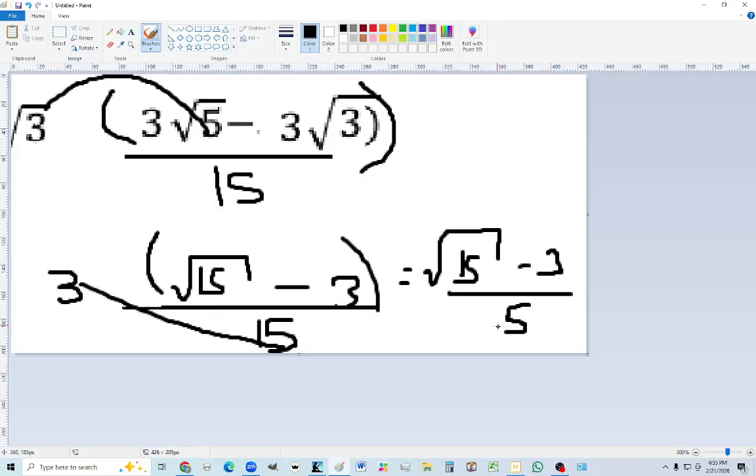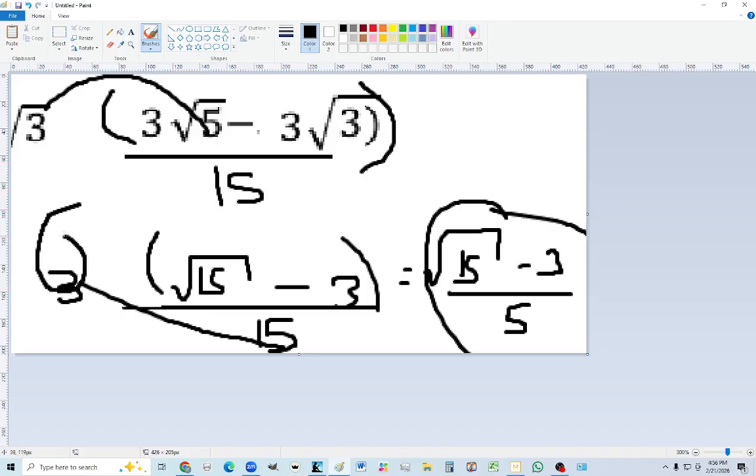And we're done. Yeah, we're pretty much done. That's as simple as I can make it. Square root of 15 minus 3 over 5.